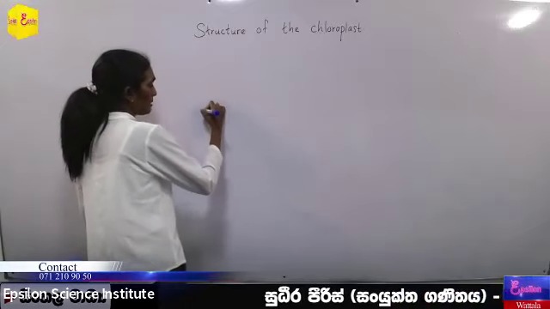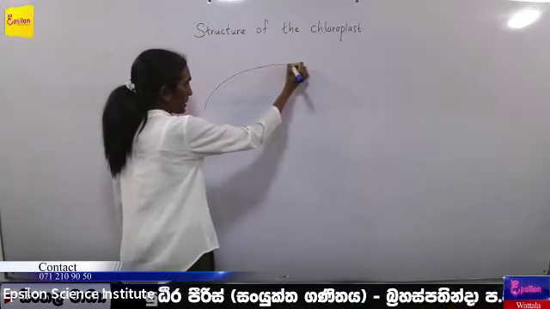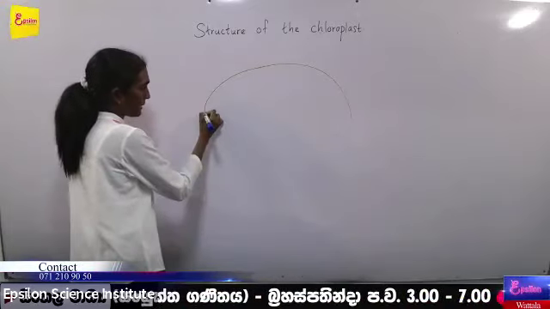This is having a biconvex lens shape. Not an elongated structure, having a biconvex lens shape.